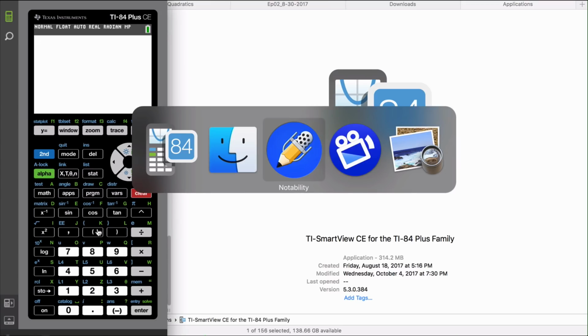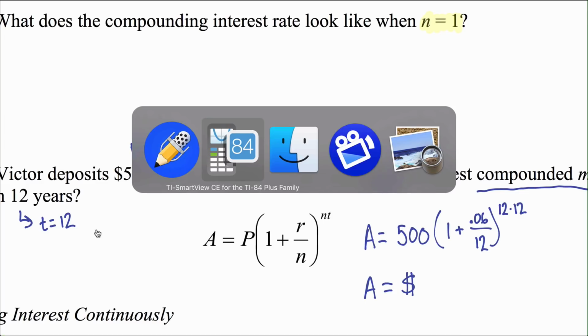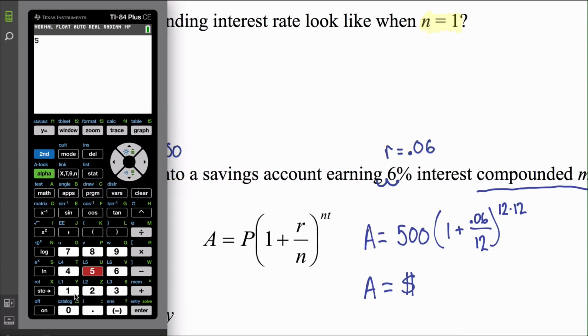All right, so let's see, where were we? We've got 500 times, in parentheses, 1 plus. I'm going to use the fraction function. If you don't, just be careful with parentheses in doing these hairy formulas here. So I've got 0.06 over 12.